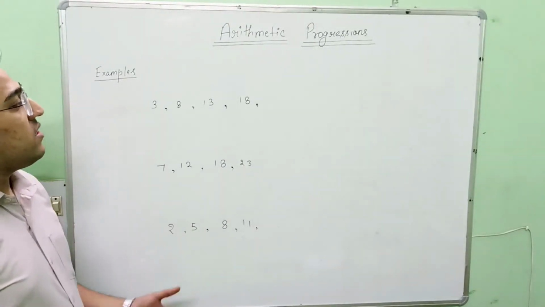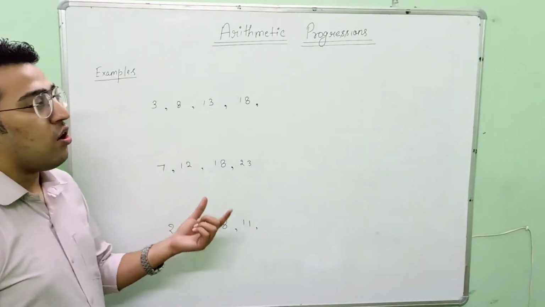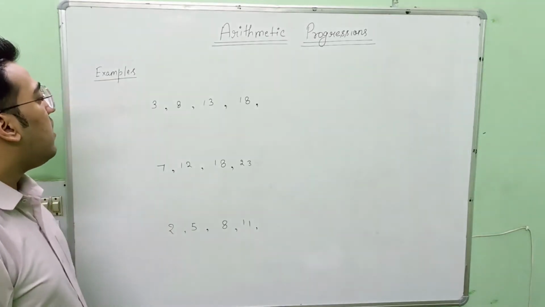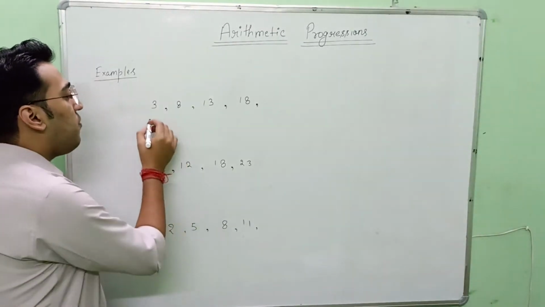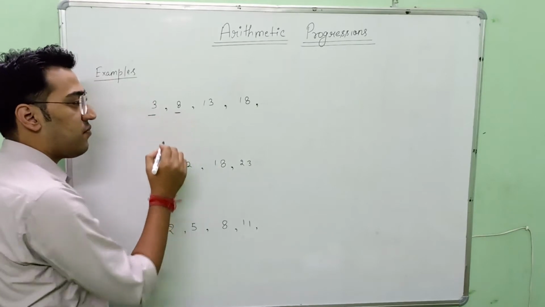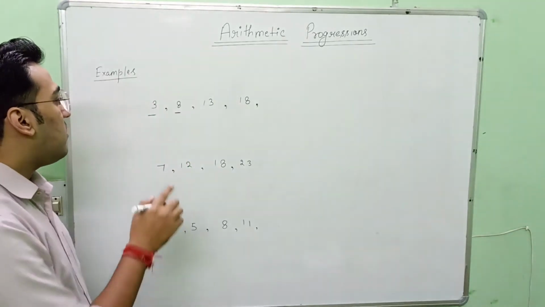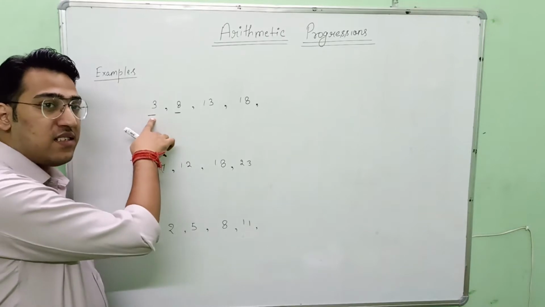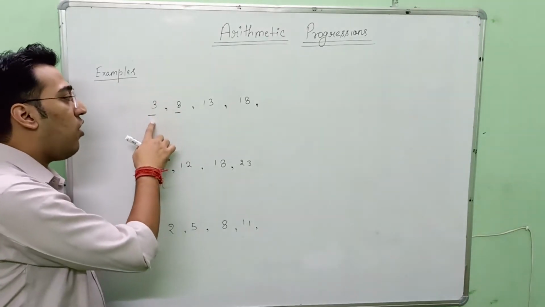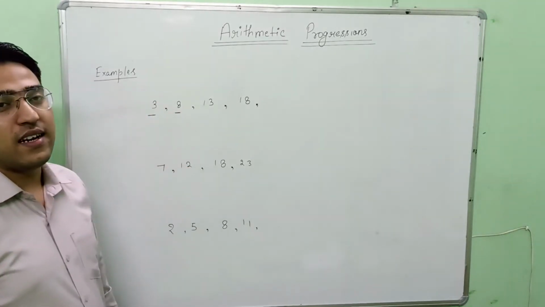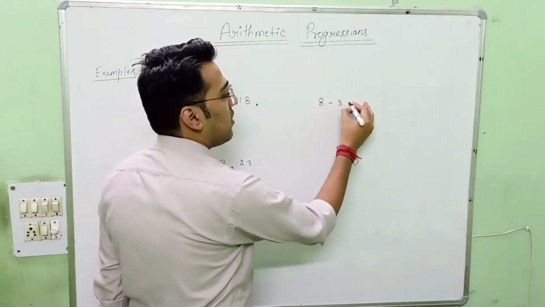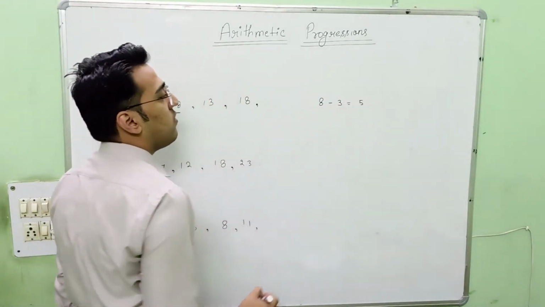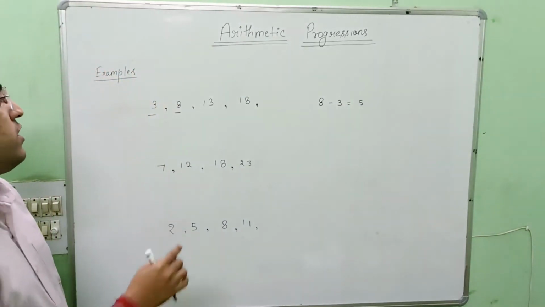To find out whether this is AP or not, we will subtract the first term from the second. We will subtract this first term, that is 3, from the second term, that is 8. 8 minus 3 equals 5. And we will do it again.